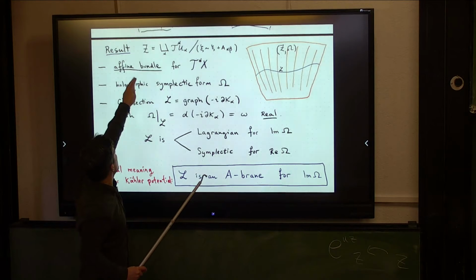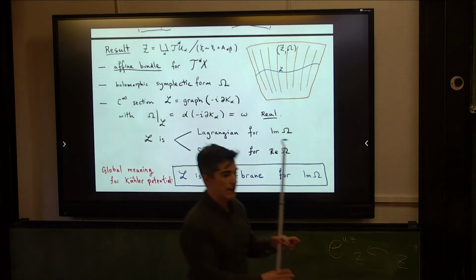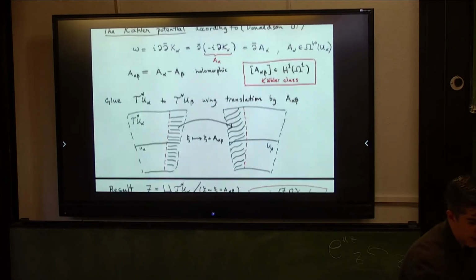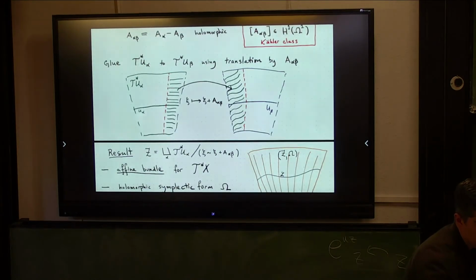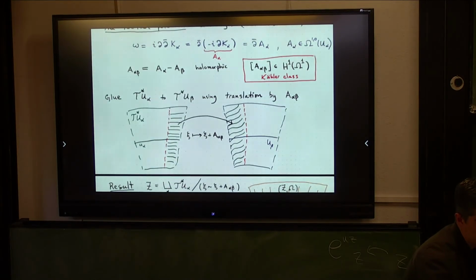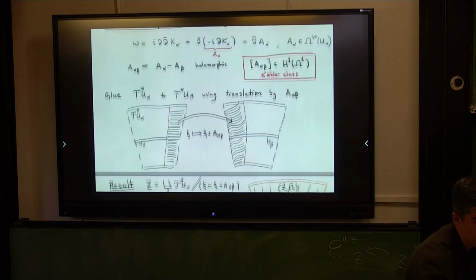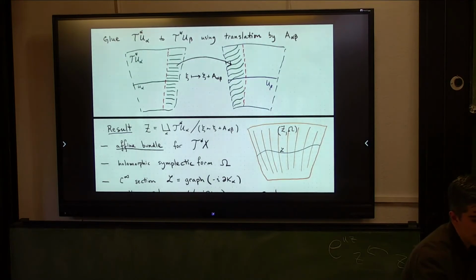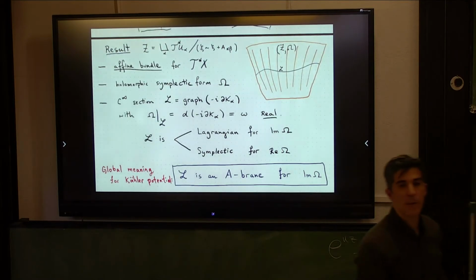And not only that, but because the translation is adding these A alpha beta, and these A alpha beta are closed holomorphic one-forms, the gluing map preserves the natural symplectic form which exists on the cotangent bundle.